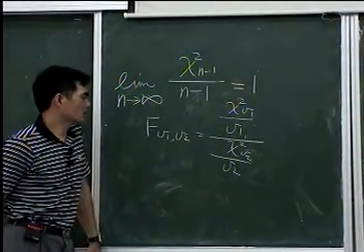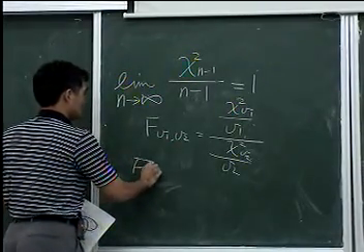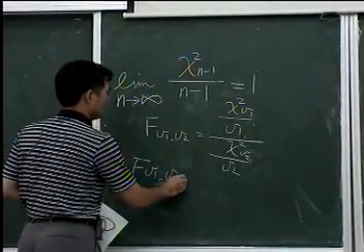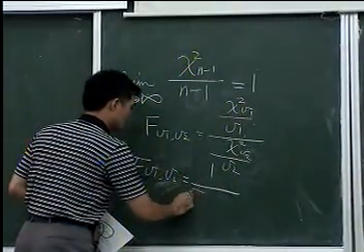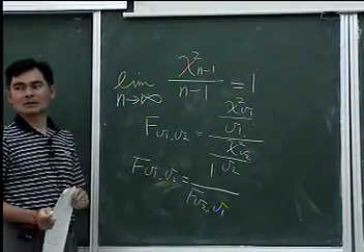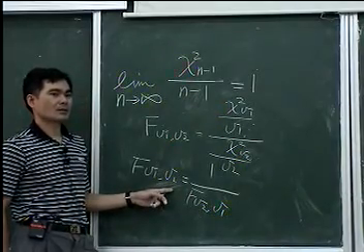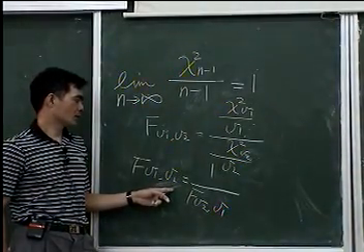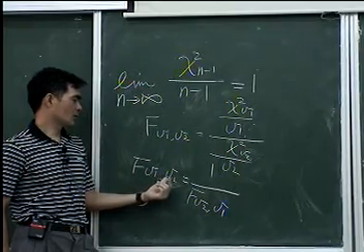So then, in this case, you can see F V1 V2 is equal to what? 1 divided by F V2 V1, right? Because in this case, what do you get? You get V1 V2, right?